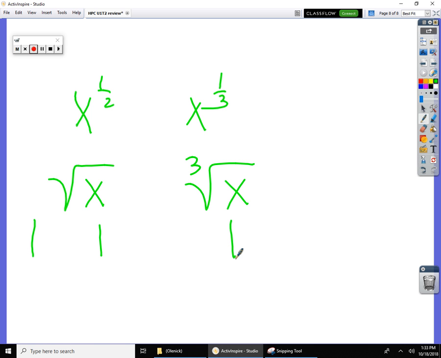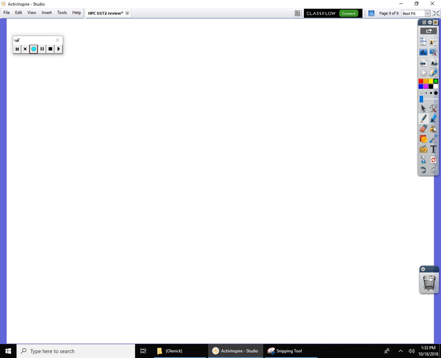If I do 8, the square root of 8 is between what two numbers? 2 and 3, so it's 2.5. And the cubic root is 2. Which one do you think grows faster? The first one, 1/2. Okay, this is unnecessary. What did you tell me a couple seconds ago? How do you know which one grows faster? The bigger the power.